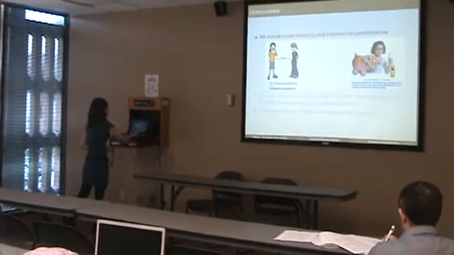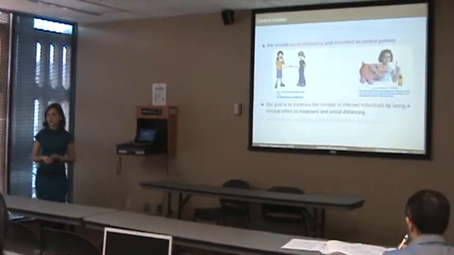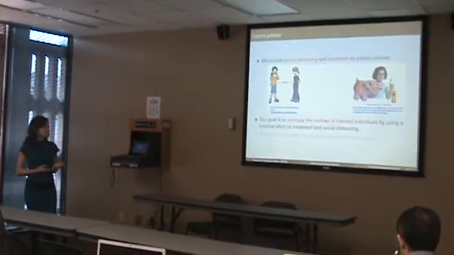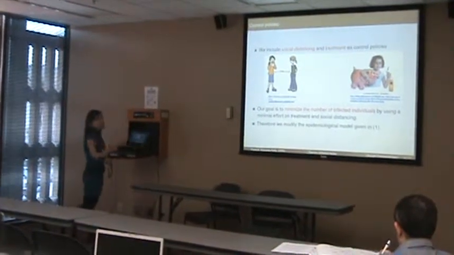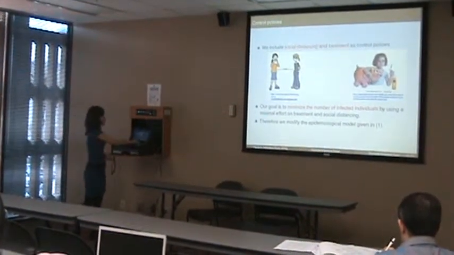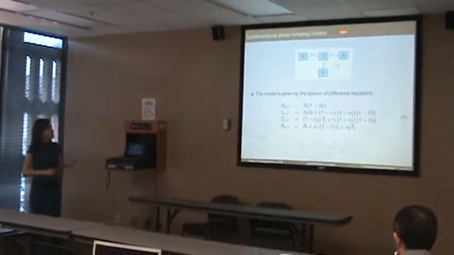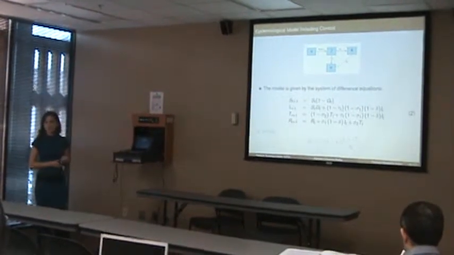antiviral. So what we want to do is minimize the number of infected individuals by using a minimal effort in treatment and social distancing. In order to do that, we need to modify the previous model that I showed. So in the new model, we include a new class of people, that is the treated people.